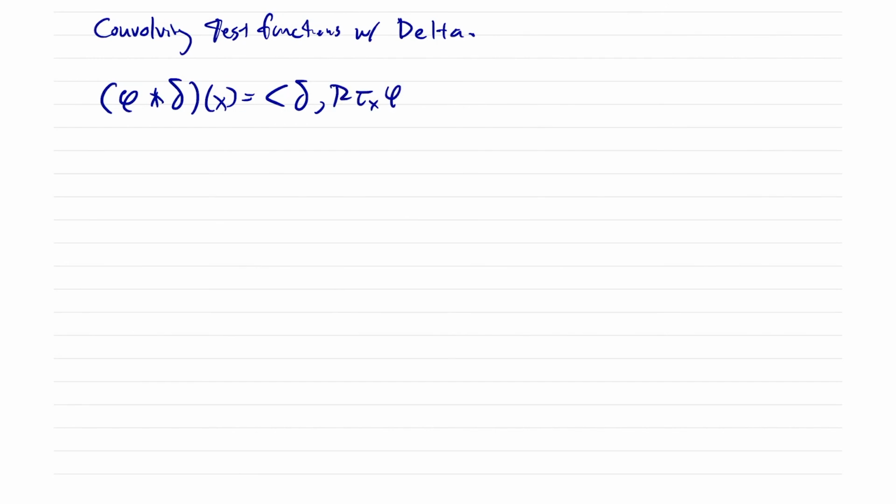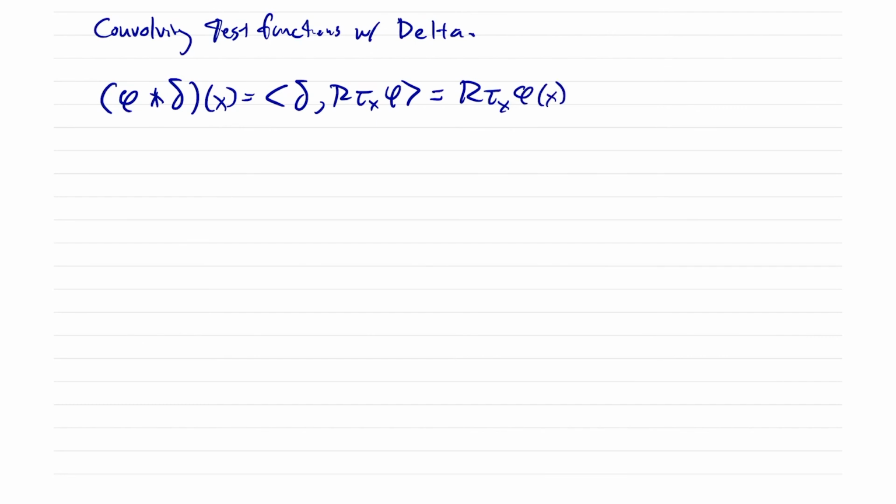So what this allows us to do is convolve test functions with distributions, with delta functions, right? And so then we get phi convolved with delta at x is equal to delta against R tau x phi, like we just said, and that is the same as R tau x phi evaluated at 0.